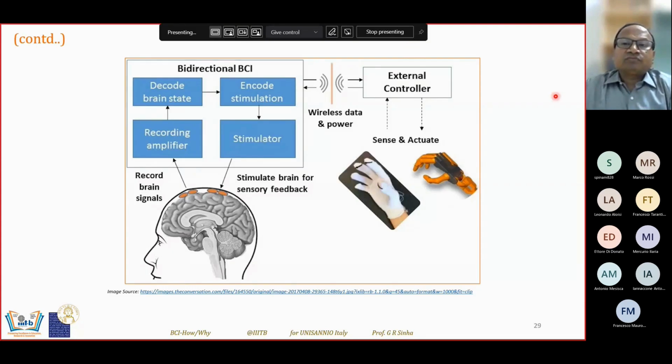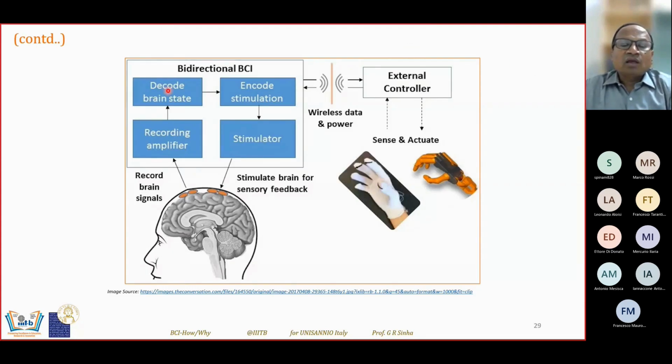The BCI, I have already explained how it works. I think this diagram has already been explained, though it's looking a little different. You record the signal with a recording amplifier. When we go for different types of BCI, we will understand the different signal conditioning and amplification circuits that are also required, because the signal which we acquire is very weak.